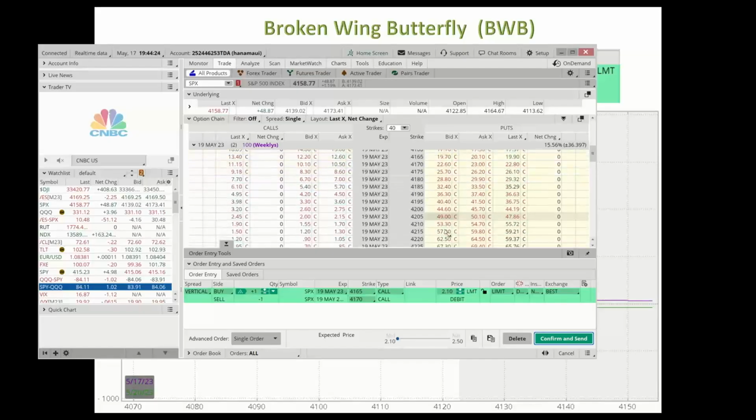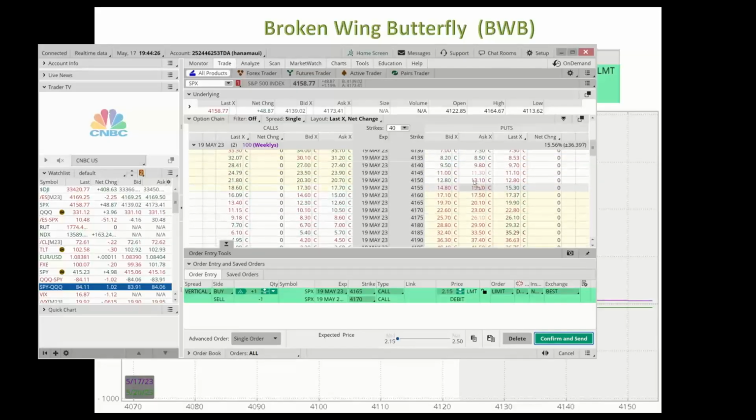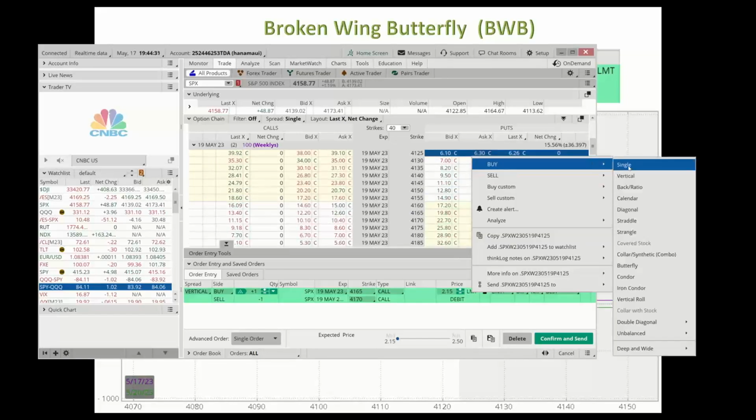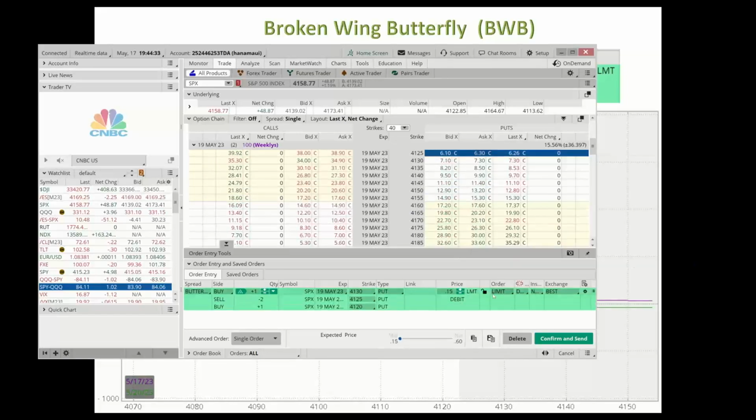Now I can make it smaller and do like the 30, 20, 05, which would be $10 by $15, but that's trading for 0.